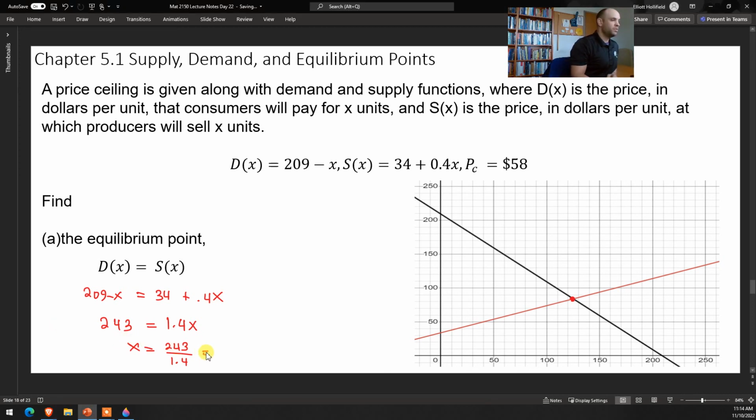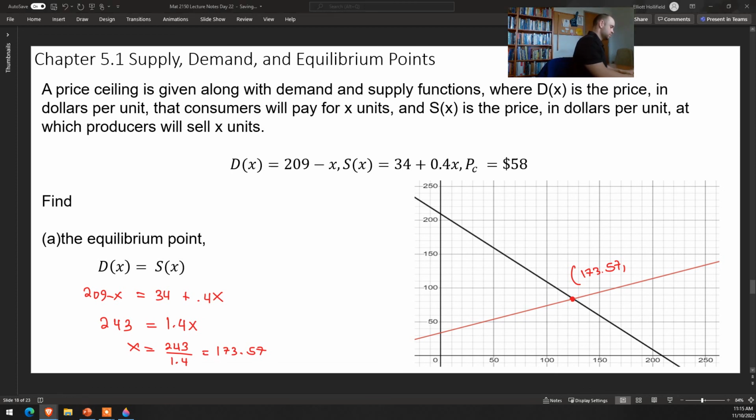And we get 173.57. So that means our equilibrium point here is 173.57. We can find the corresponding y value by this subtraction, 209 minus 173.57.